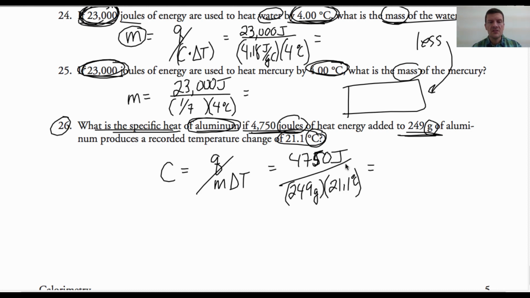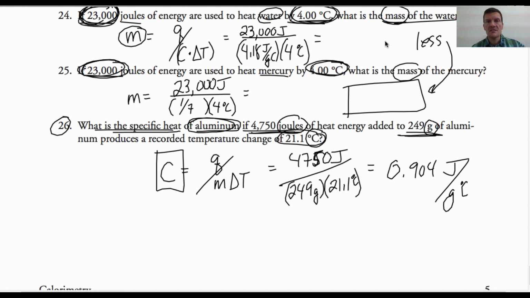Alright, you solve for this and you're going to get your heat capacity for aluminum, and it is going to be less than 1, just less than 1, which is not as small as mercury, but it's not nearly as large as water.